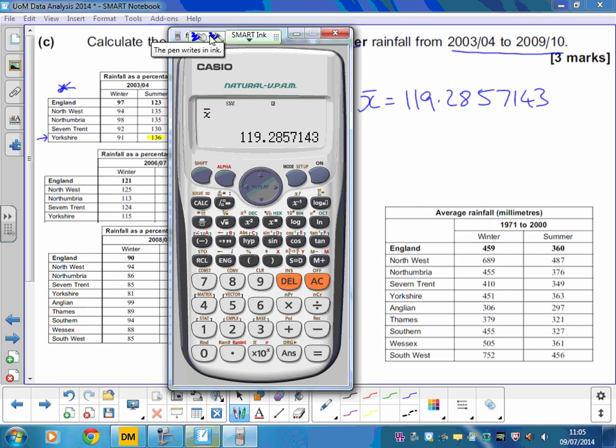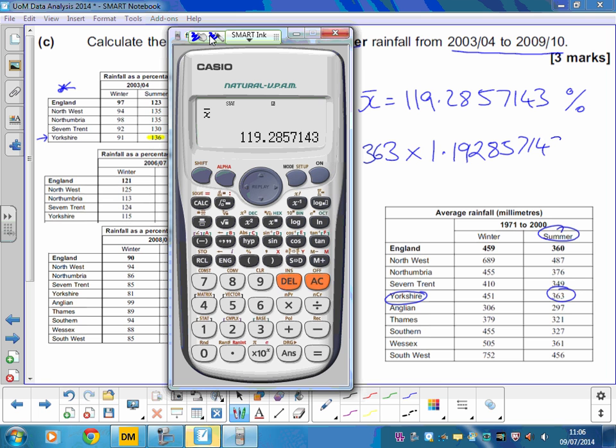7143. Now we have to remember this is a percentage, and it's a percentage of the historical rainfall, which is on page 2. So if I look in here, Yorkshire summer, that was 363 millimetres, and I want 119% of that. So we know 100% is 1, so 119% is 1.19, and I've got all these decimals as well, 2857143, and then that will give me my answer.